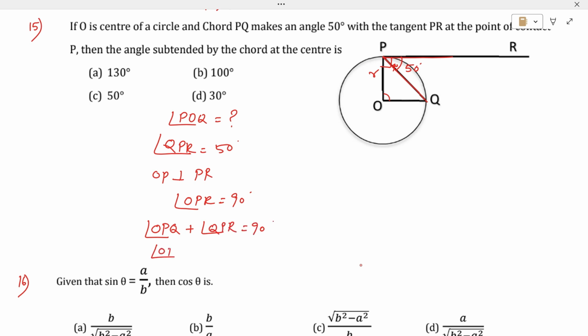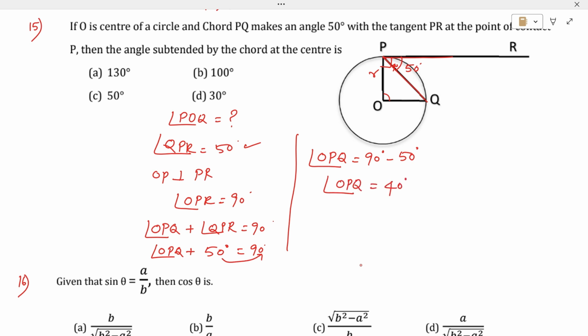So I don't know OPQ, I'm keeping as it is. QPR is 50 degree from the given, is equal to 90. So from here I can find angle OPQ is equal to 90 degree minus 50. I'm transposing 50 to the other side. So angle OPQ is equal to 40 degree.